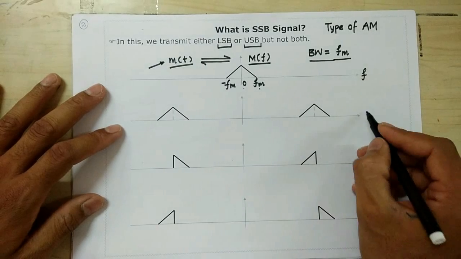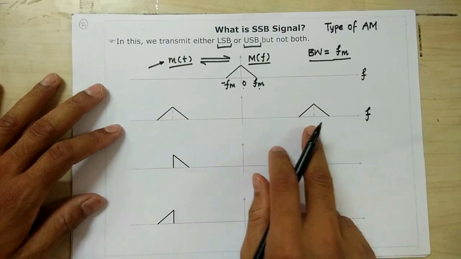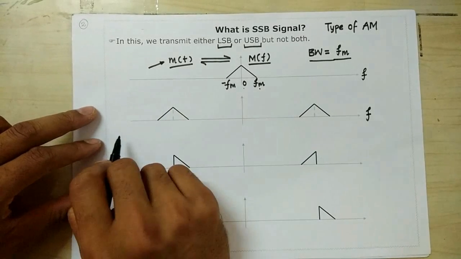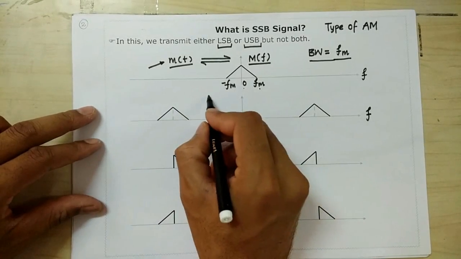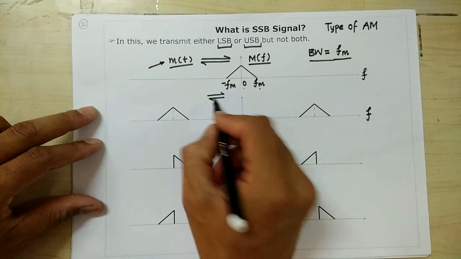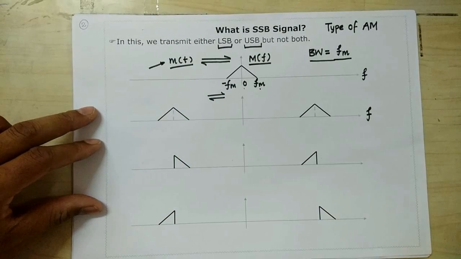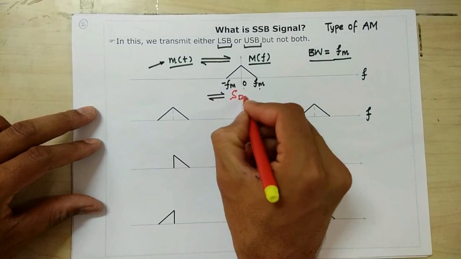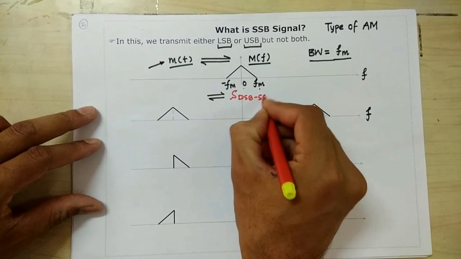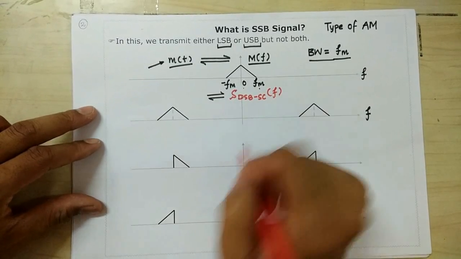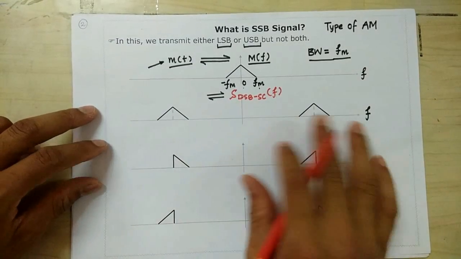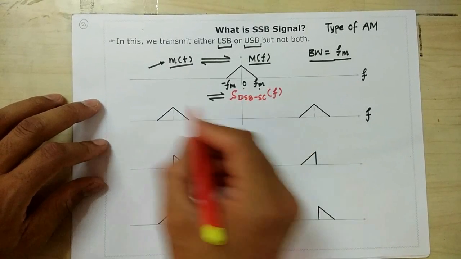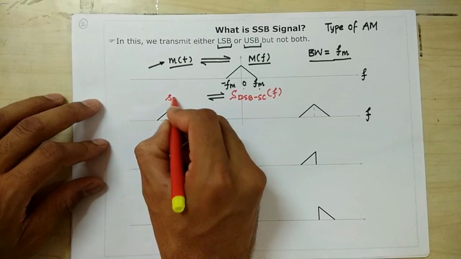If you see the second diagram here, it is basically the plot of the DSB-SC signal spectrum. It is the Fourier transform of your DSB-SC signal.